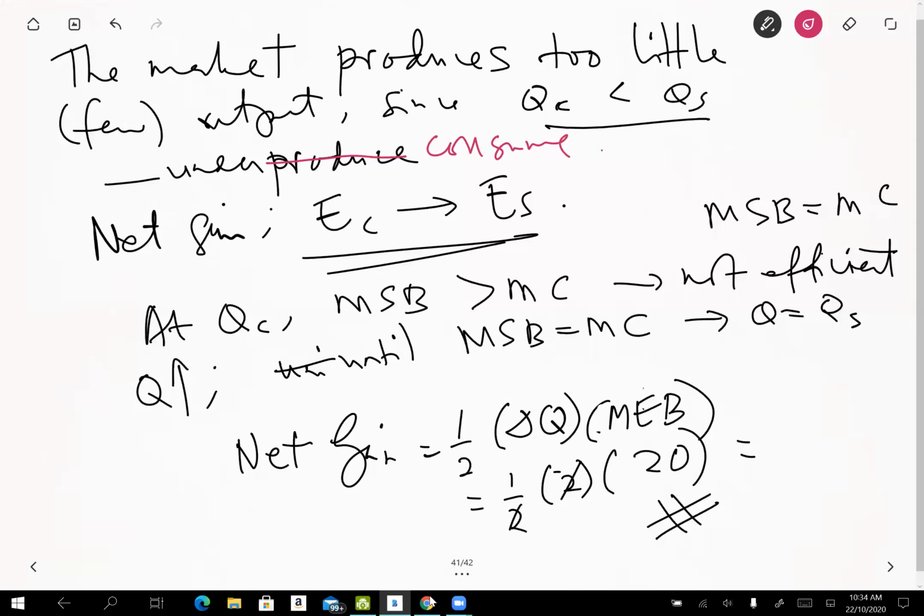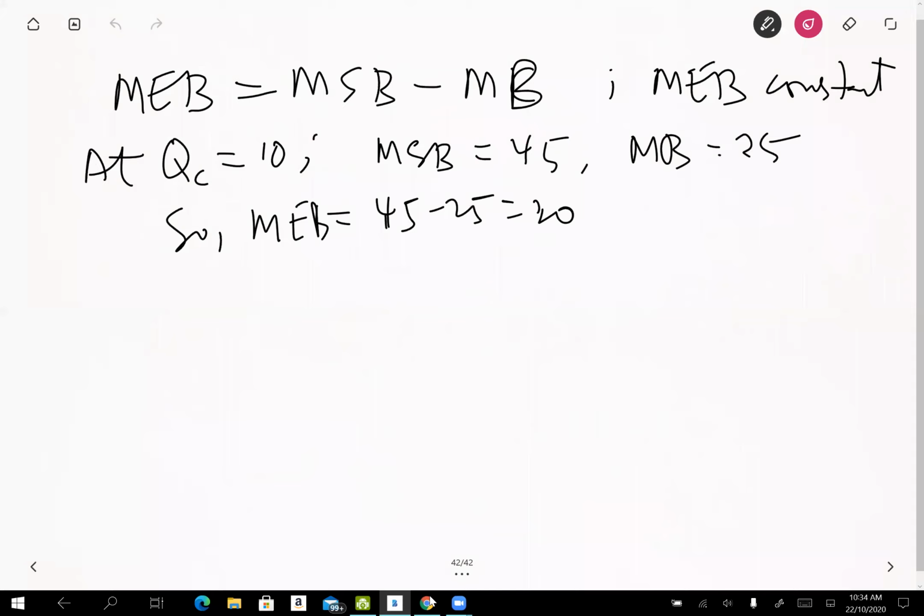I said underproduce when what I thought was underconsume, but I said underproduce, which is not exactly the right word. So anything, you let me know, because people tend to do things that are not right. Okay, any other thing? So that is on the positive consumption externality.